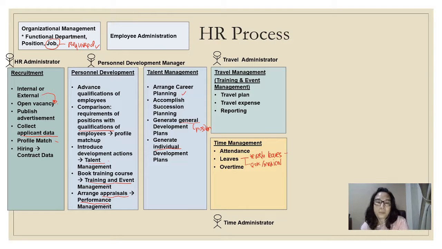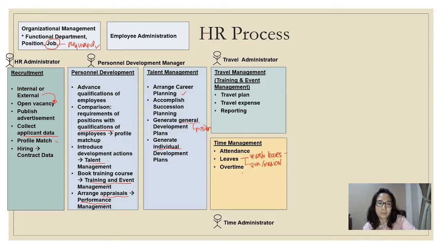And then in Indonesia we have public leaves, like cuti bersama, for example during Lebaran there is usually cuti bersama. Okay, and then overtime means that, if leaves means you're not coming to the office, overtime means that you will get paid because you are working more than the hours or days that you should.